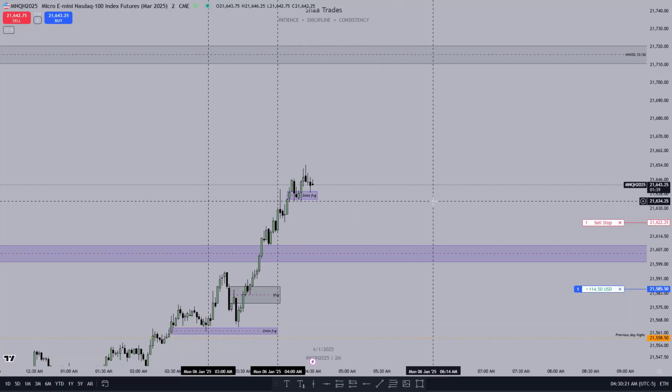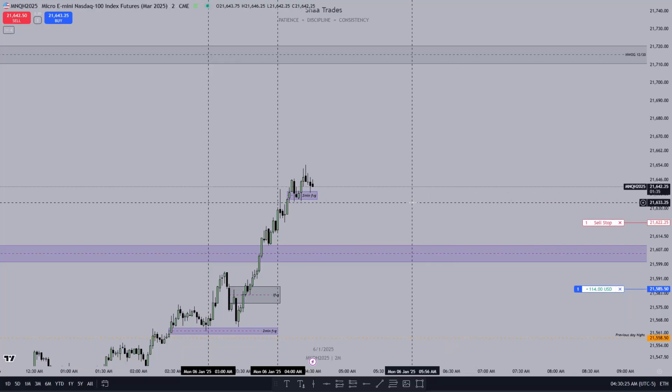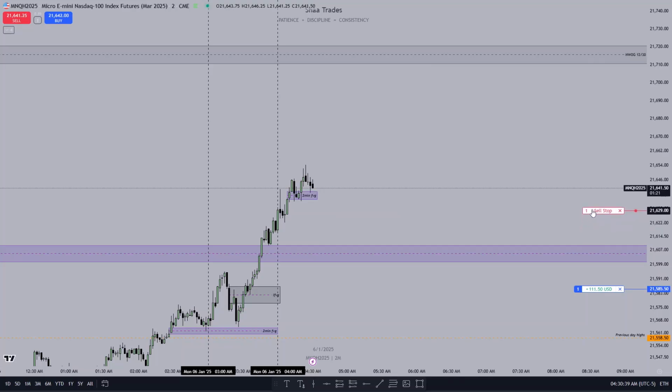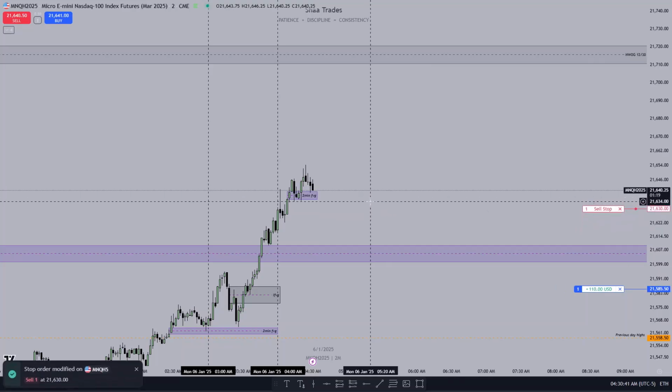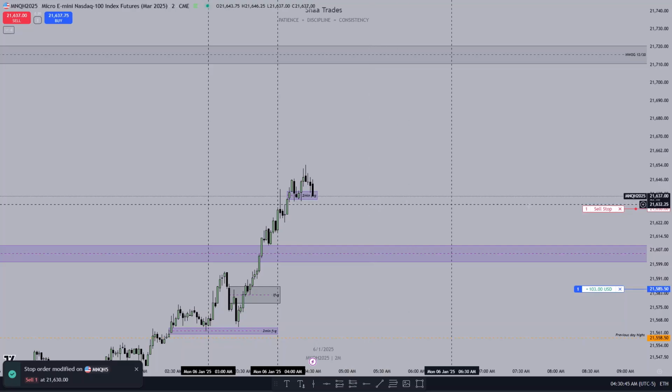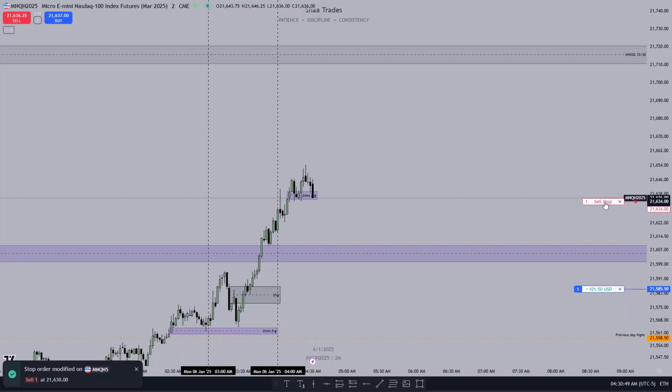In my personal account, I'll let it run. But with the prop firm rules, you can't make a certain amount, so you have to look at that as well. Gotta be mindful. So I'm probably gonna move this a little bit closer. Let's see. I'm gonna move it to 34.00, and if it takes me out, that's fine.